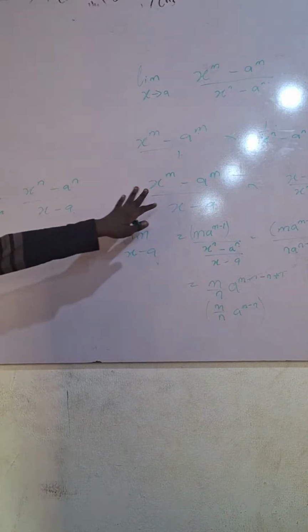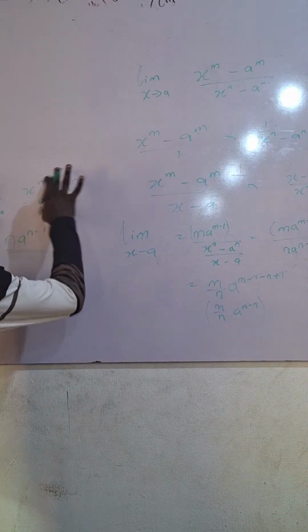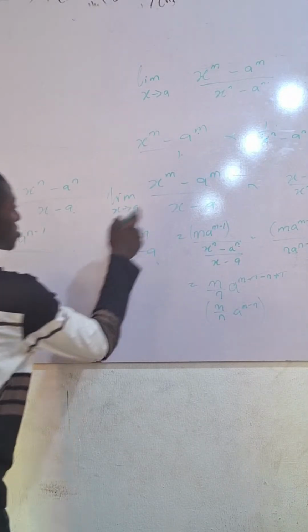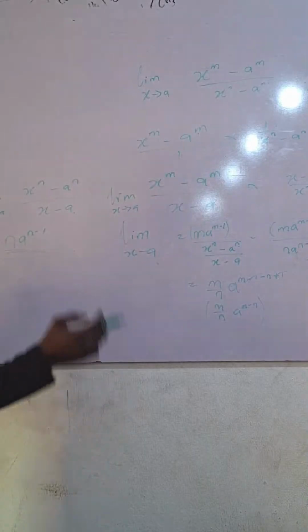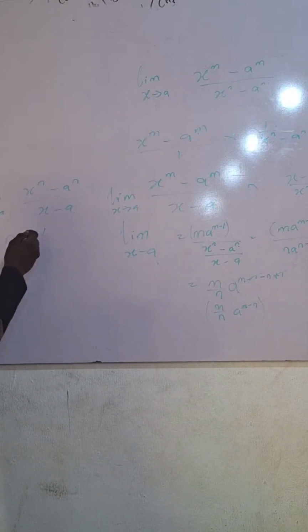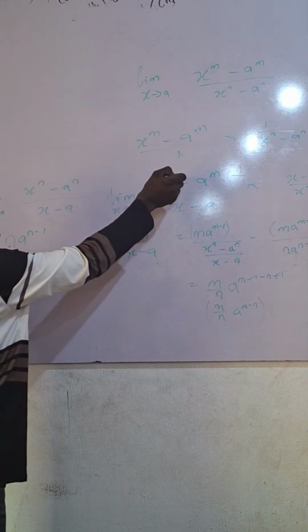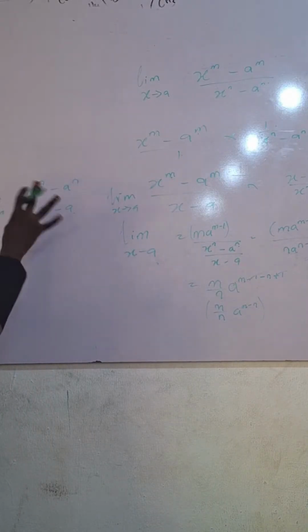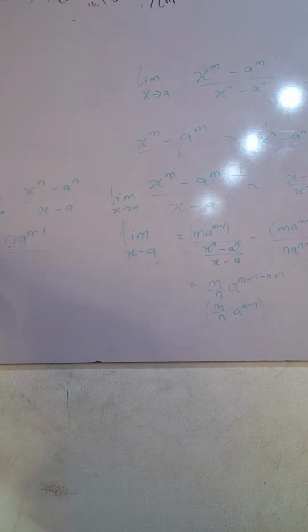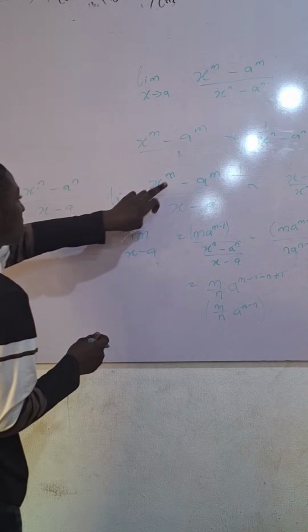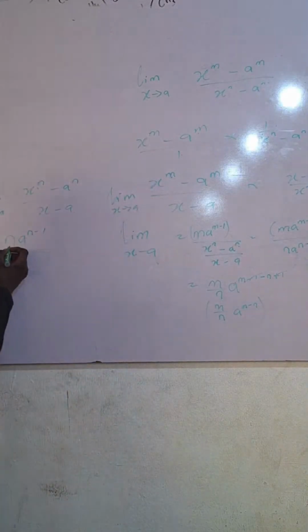So now, this one looks exactly like my question, limit of x approaching a, but the difference here is m. So instead of n in this place, wherever I see n, I'm going to put m, because the power here is m instead of n. So wherever I see n in the formula, I'm going to put m.